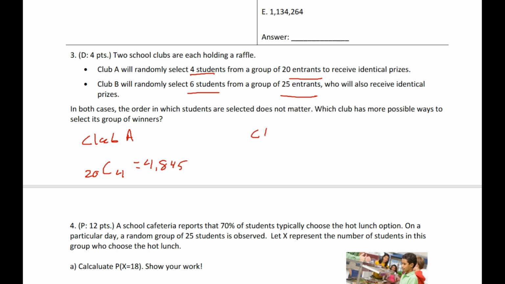For Club B, the number of ways they can pick 6 from 25 is 25 choose 6. And that ends up being 177,100. So clearly, Club B has more possible ways to pick its winners than Club A. So the answer to this one is Club B.